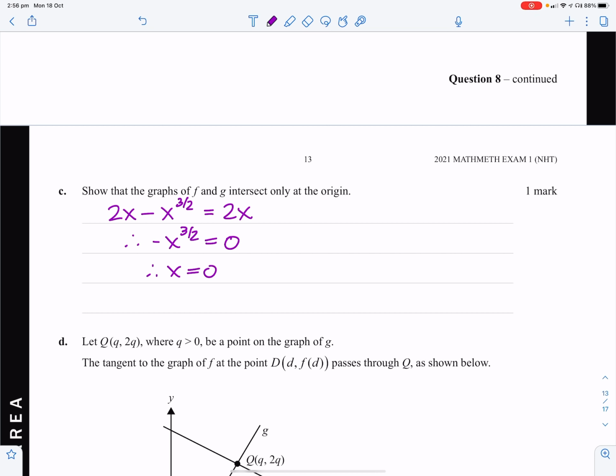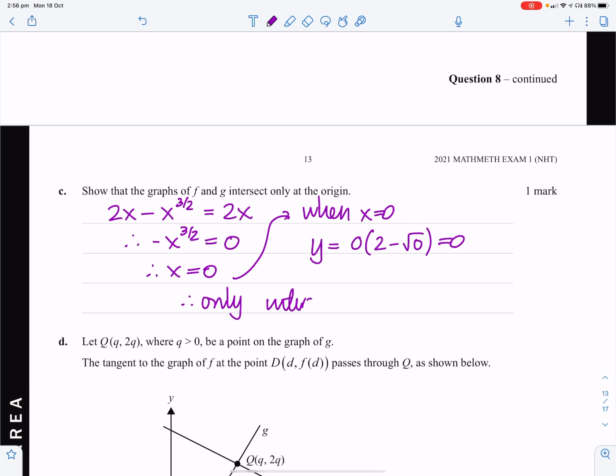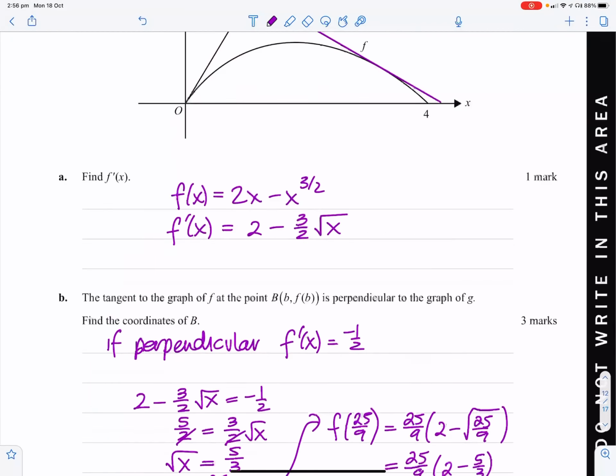Therefore, x is equal to 0. When x equals 0, y equals 0 times 2 minus root 0, which is 0. So therefore, the only intersection occurs at 0, 0.